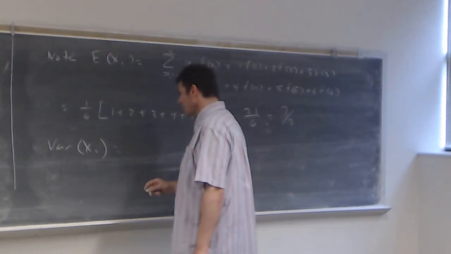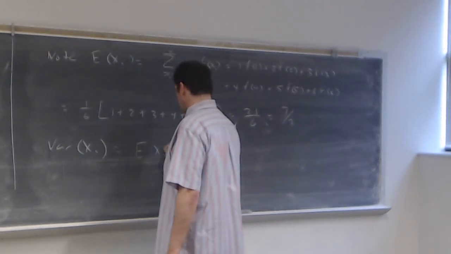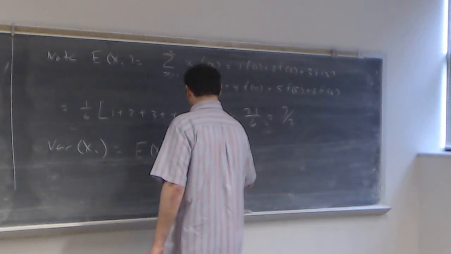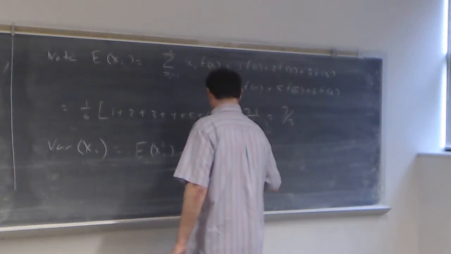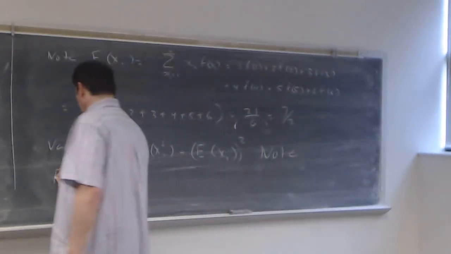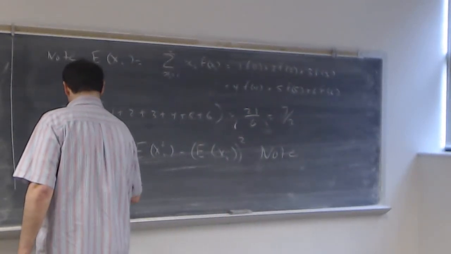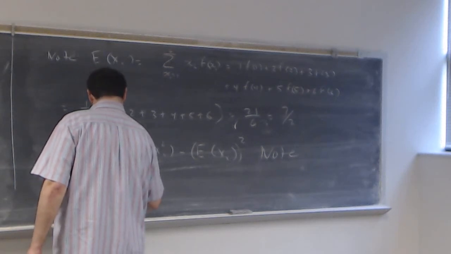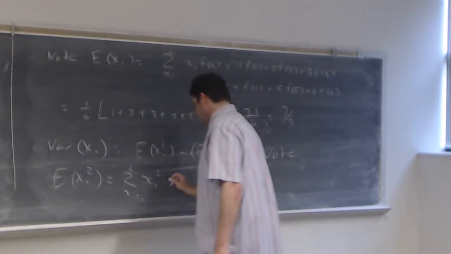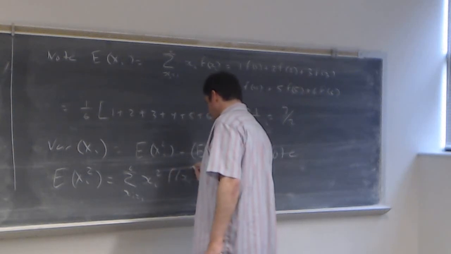Well, that's the expected value of X_i squared minus the expected value of X_i, quantity squared, which I just found. So note, the expected value of X_i squared is the sum as X_i runs from 1 to 6 of X_i squared times f of X_i.